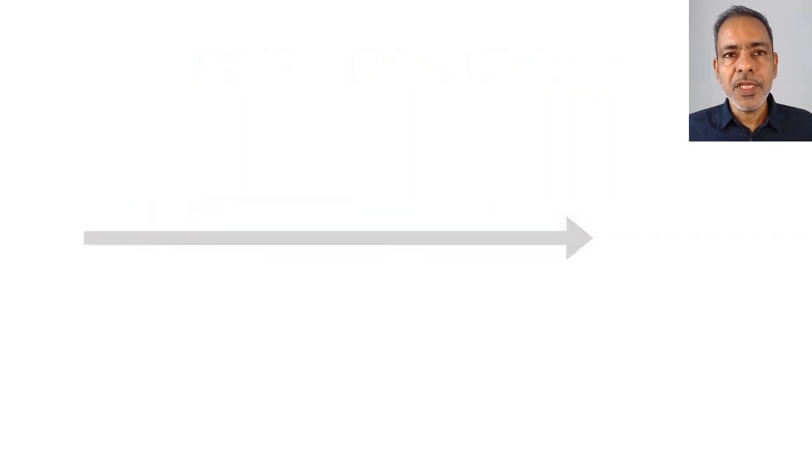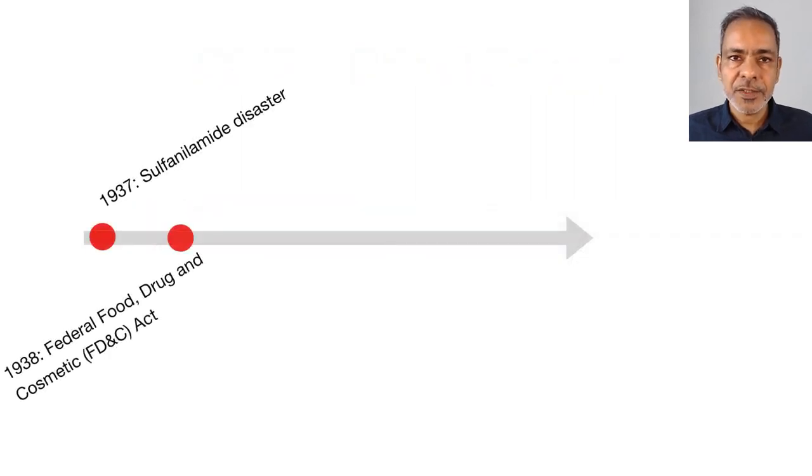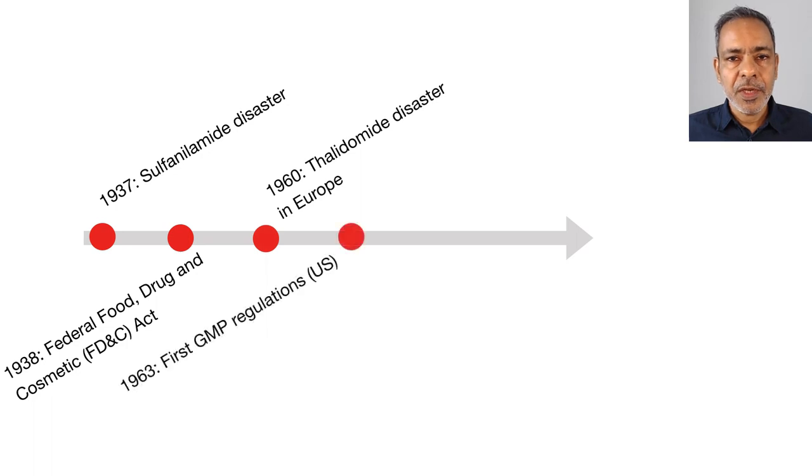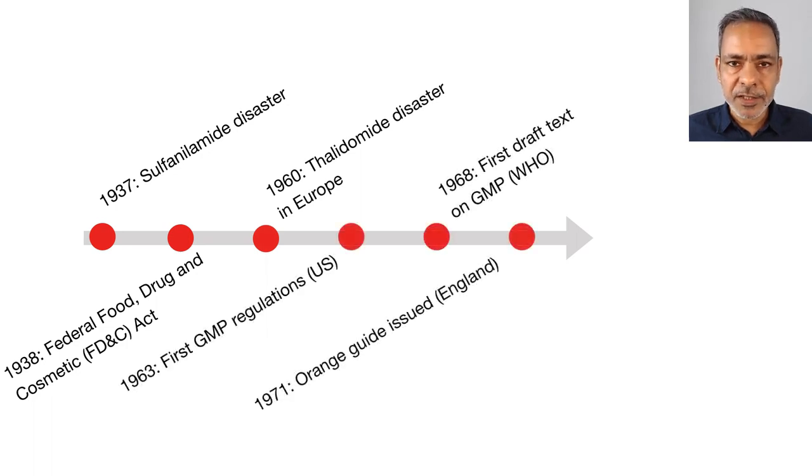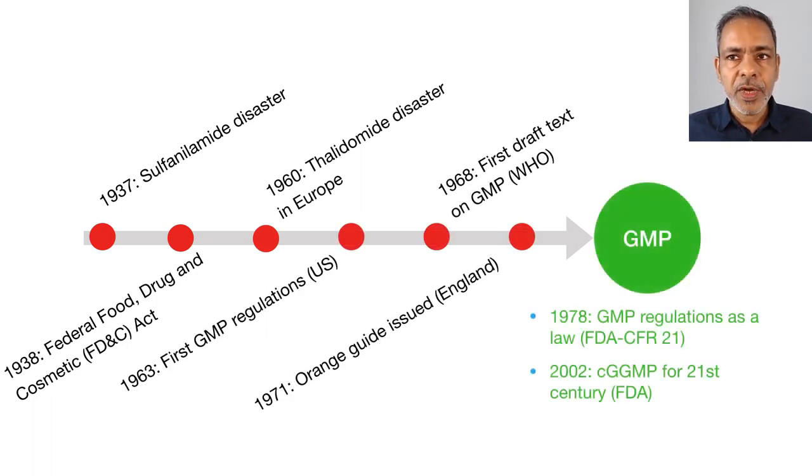So it is the series of human tragedies like the sulfanilamide and thalidomide disasters that progressively led to Good Manufacturing Practice, or GMP as we know it today. In 1978, GMP regulations became a law in the US.